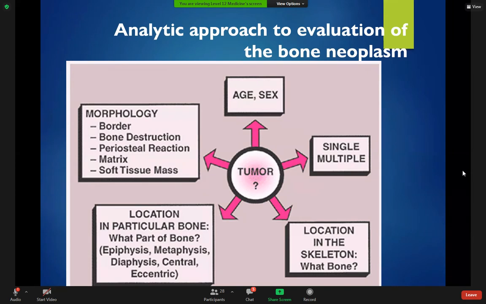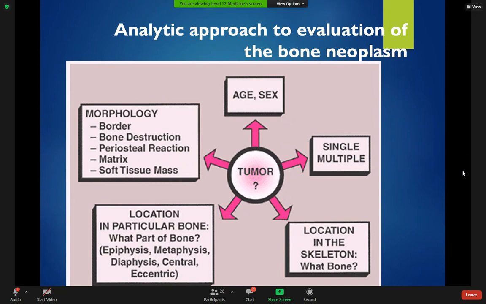Then we look at which bone, as we mentioned, and which part of the bone. Then, most importantly, we look at the morphology of that lesion. So we have to ask ourselves almost 7 questions about any lesion in the X-ray.